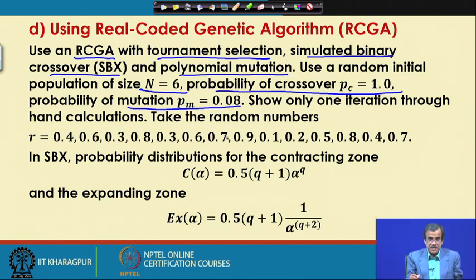Now, to proceed with the calculation, I will have to take the help of some random numbers. Let us assume that these are the random numbers like 0.4, 0.6 and so on, and I am going to use SBX, that is simulated binary crossover, the principle of which I have already discussed in detail.